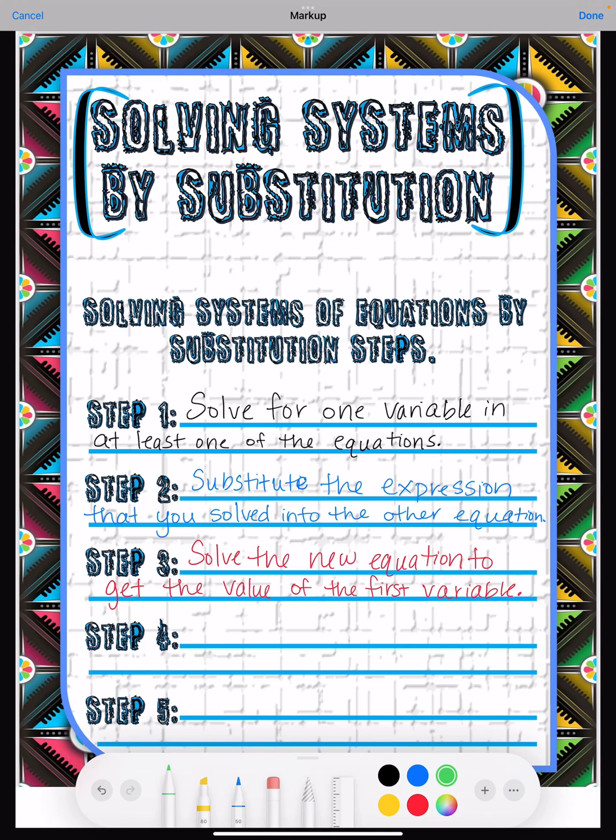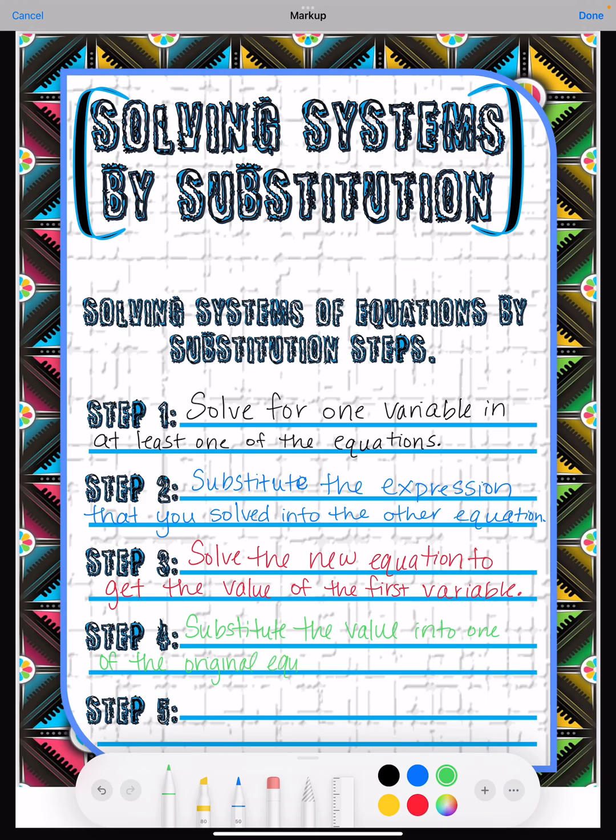So step 4 is we're going to substitute that x or y, the value that we find, into one of the original equations. Not your new equation, into one of the original equations.